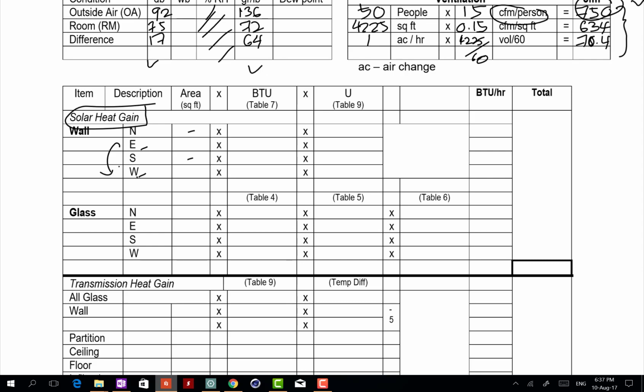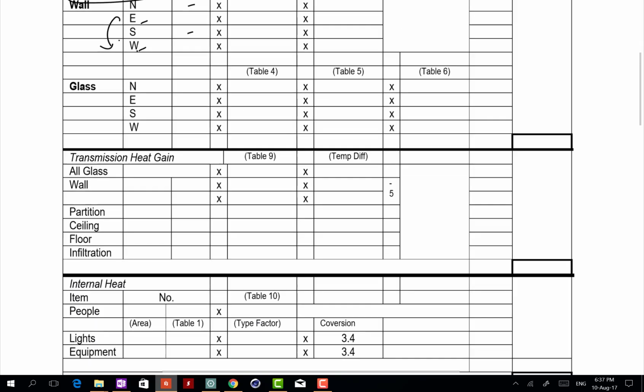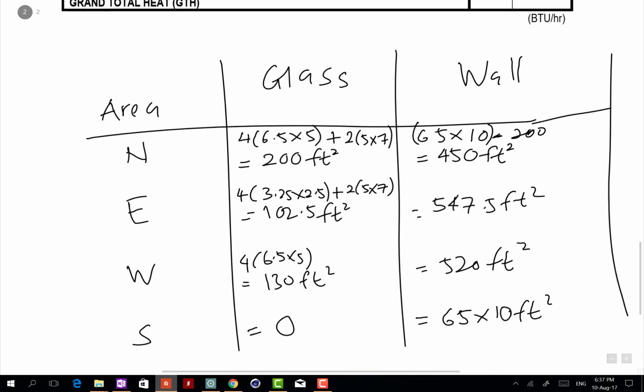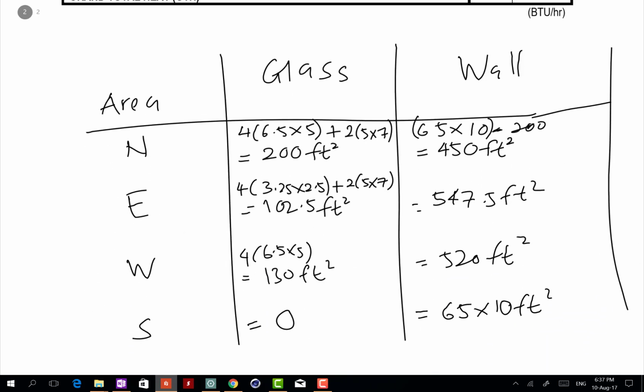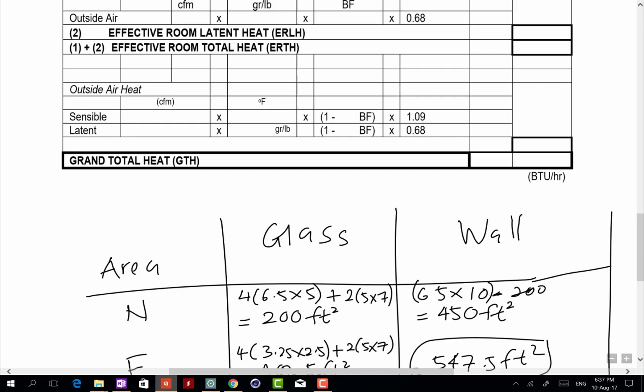And then for the east direction, the glass area is 102.5, and for the wall it is 547.5.